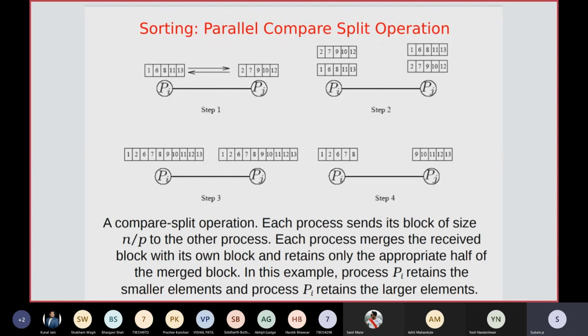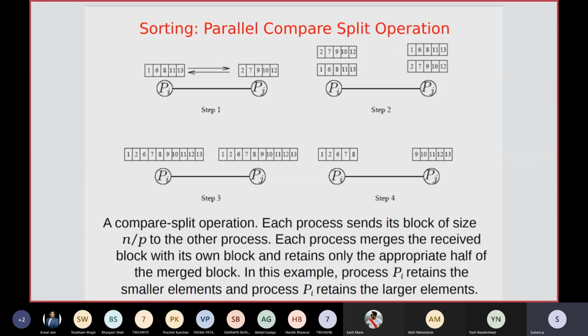In step 1, on both processing elements there are a total of 5 elements. The criteria is not satisfied: the sequence in the internal memory of Pi should be less than the sequence in Pj, because Pj has an ID greater than Pi, but it is not.